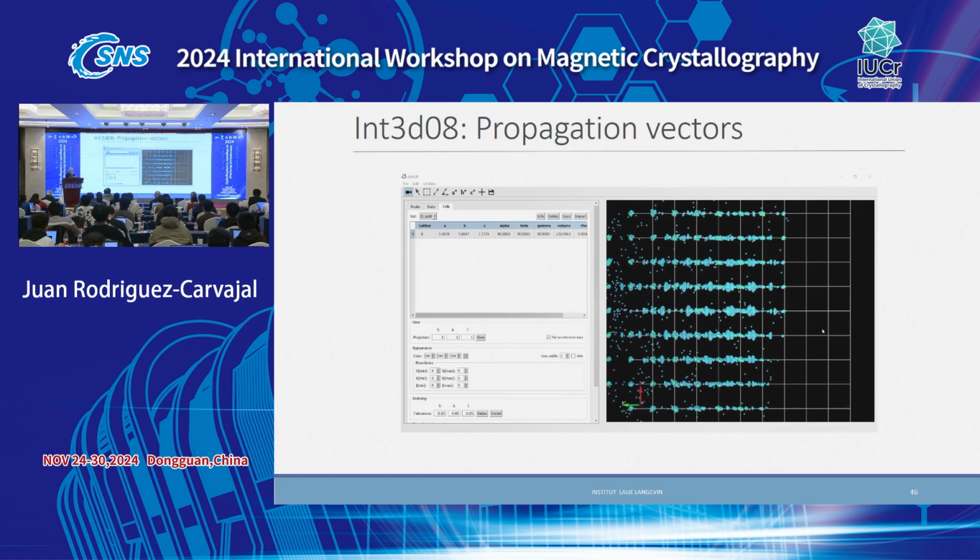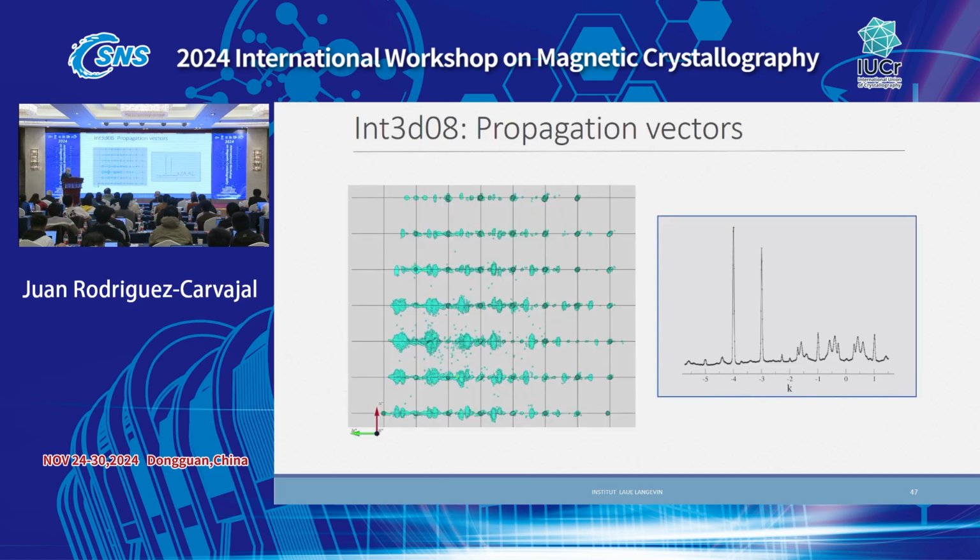For integrating this kind of thing, we take a sort of tube along a reciprocal lattice direction, and then we project something which looks like a powder pattern, but it's just the intensity.